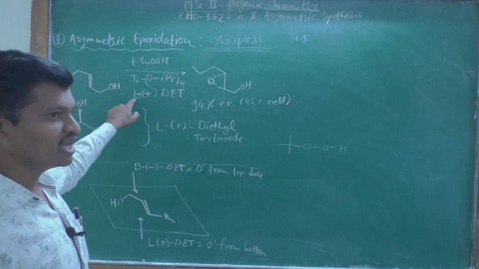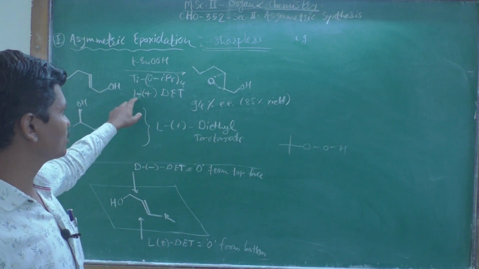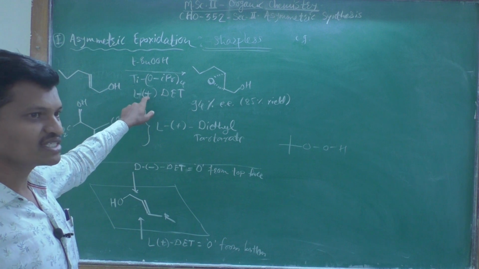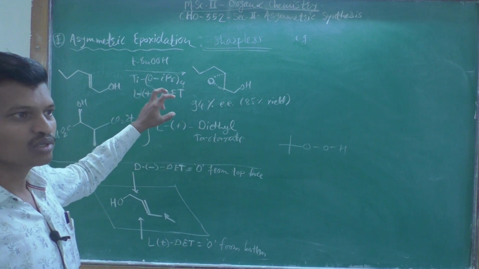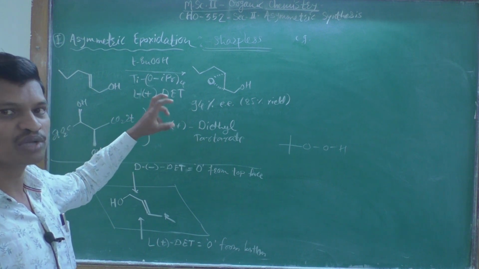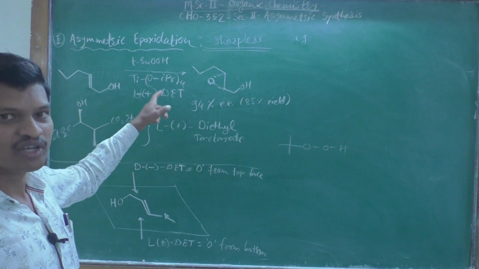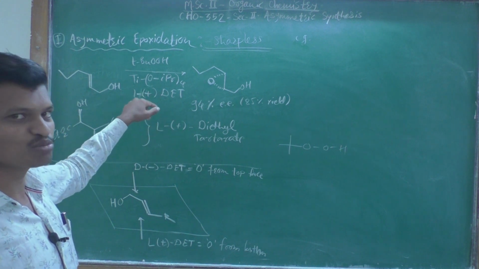L and D are the relative configuration of this diethyl tartarate. Plus and minus are the symbols used for optical rotation. Plus is dextrorotatory, so it is also written with a small d sign.